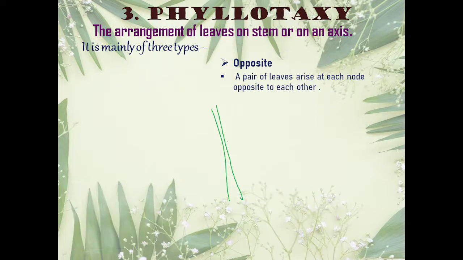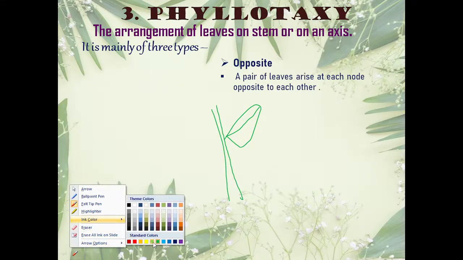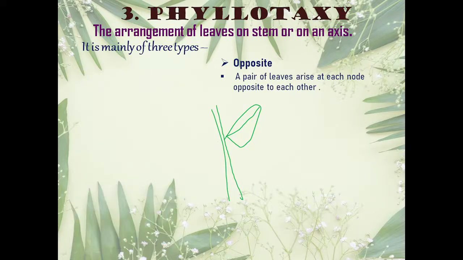Suppose here one leaf is there, and another one is just opposite to it. Then another one is here, another one is here. Like this is the picture of opposite.